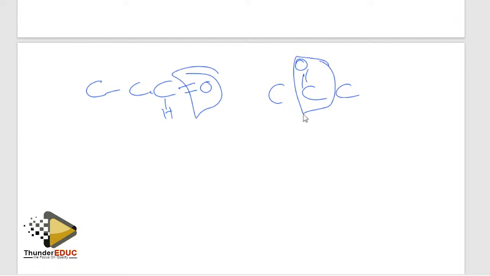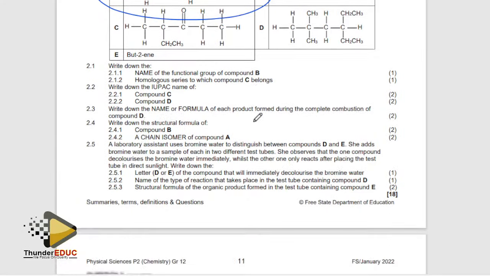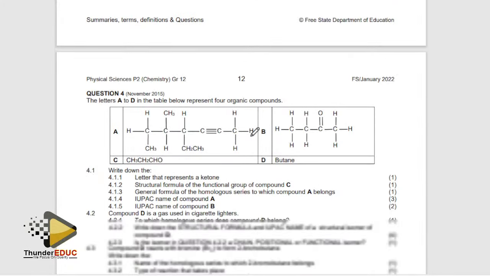So it means that now it has changed the position of the functional group, and the moment it changed the functional group from aldehyde to ketones, definitely, because it has changed the function, it becomes functional isomer. I think I'm clear there. So guys, please make sure that when you go there, you know this. You know what I've said.